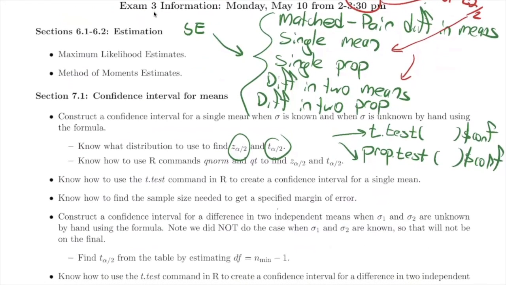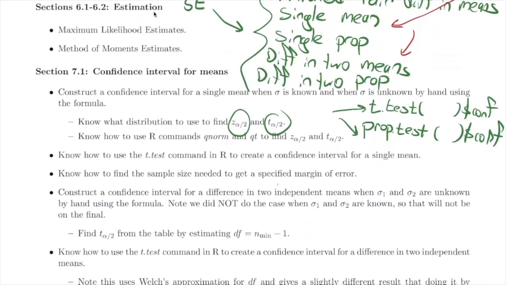Yeah, and so I think otherwise on these points we've pretty much talked about. We didn't use tables this semester, so you can ignore any reference to tables. We use the qt function instead, since we're using R during our exams. In some semesters, when we're in person, we use the table since we're not allowed to use computers during the exam.